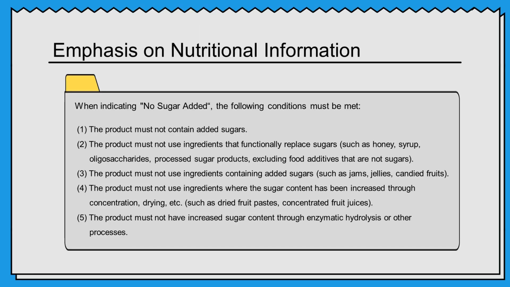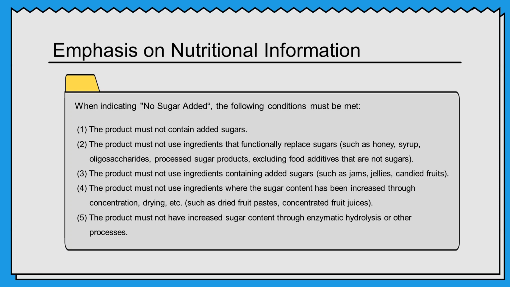When indicating "no sugar added," the following conditions must be met. The first, the product must not contain added sugars. The second, the product must not use ingredients that functionally replace sugars such as honey, syrup, oligosaccharides, processed sugar products, excluding food additives that are not sugars.